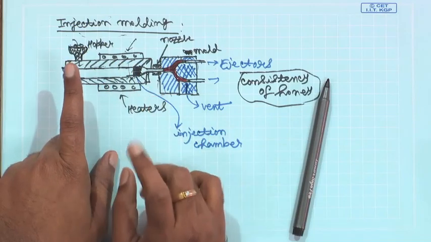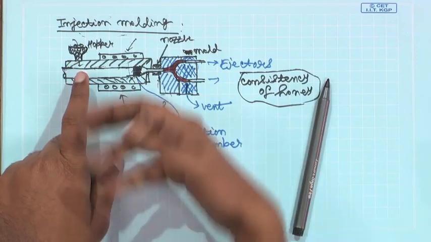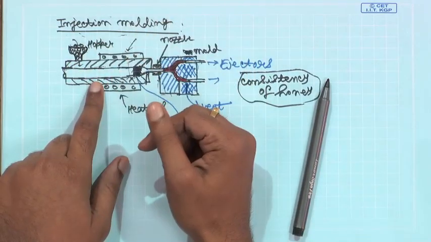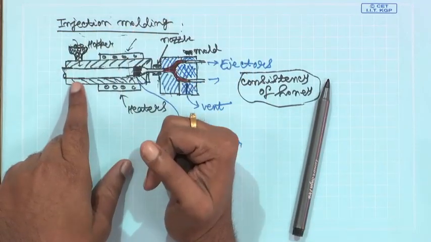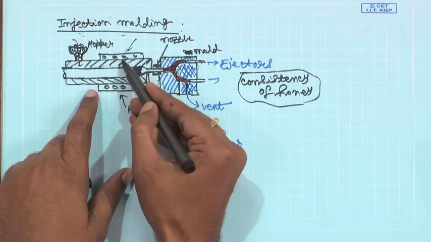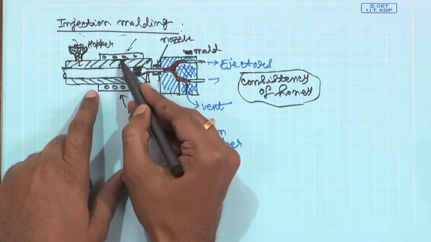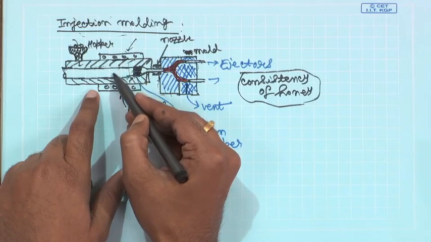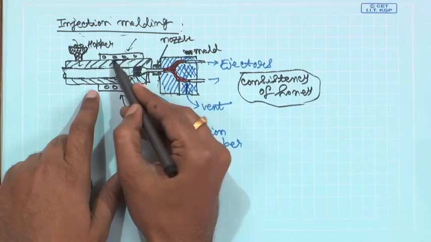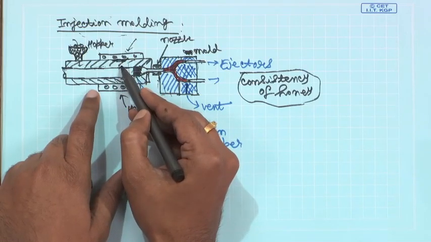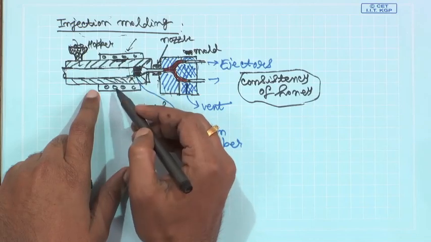But since the plastic that makes the pellets is not a good conductor of heat, the temperature in the barrel will be uneven. When you go from the inner wall of the barrel towards the center, there will be a temperature gradient. The temperature will be highest near the wall and lowest towards the center.